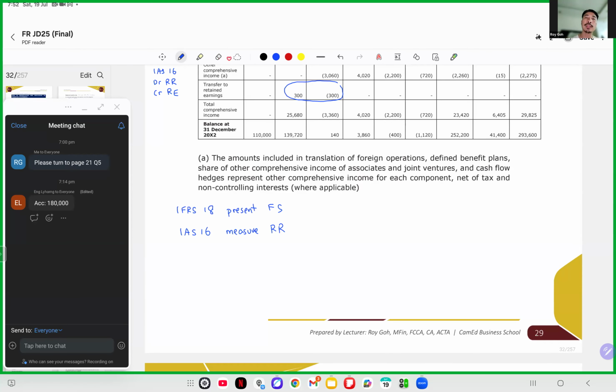Okay, it's not just revaluation reserve. Let me be more precise. Property, plant, equipment, and also your revaluation reserves. So you have to be very careful. What you are learning now is the way to present. It is not the way to measure. So, ladies and gentlemen, any questions as of now?